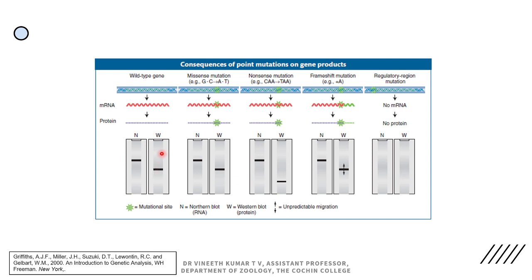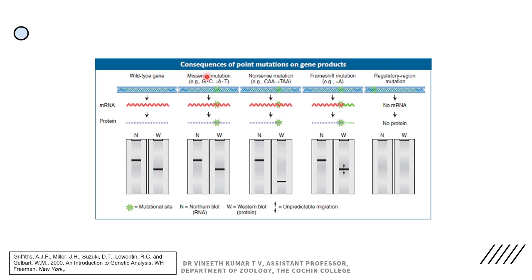Depending upon the size of the mRNA and protein, it will attain a specific position on the blotting paper. This is the normal position of the mRNA, and this is the normal position of the protein in the western blot.